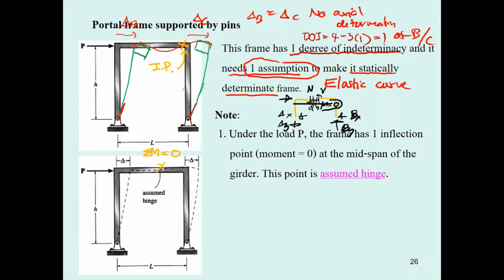So when the moment here is 0, the unknowns here will be A sub X, A sub Y, B sub X, B sub Y, N and V over here.